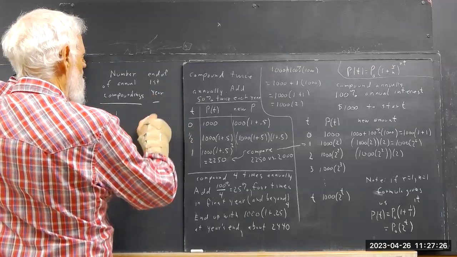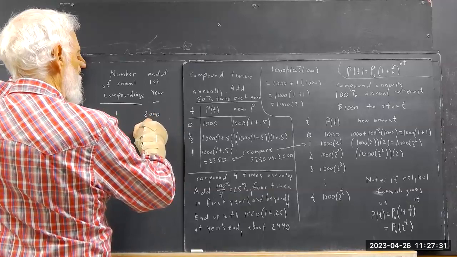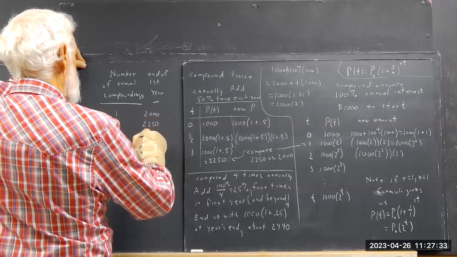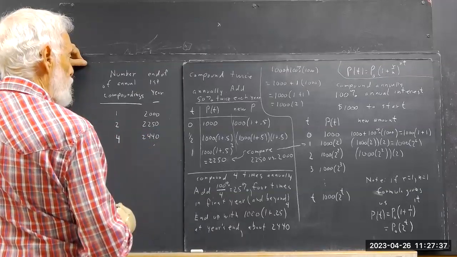At the end of the first year, we have 2,000, 2,250, about 2,440.